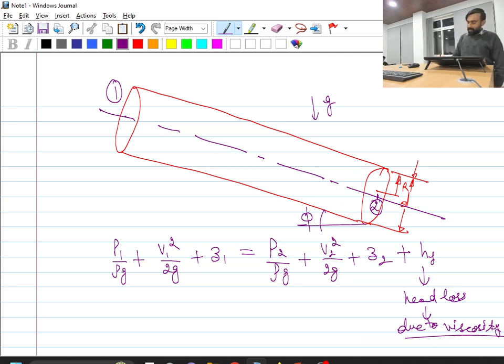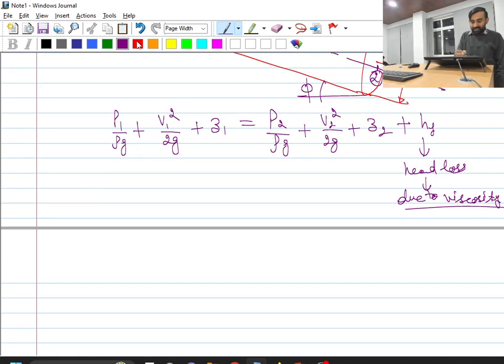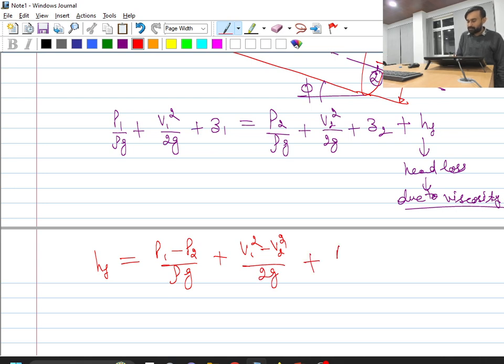Now if I calculate HF, then head loss is nothing but equal to P1 minus P2 by rho g plus V1 square minus V2 square by 2g plus Z2 minus Z1.